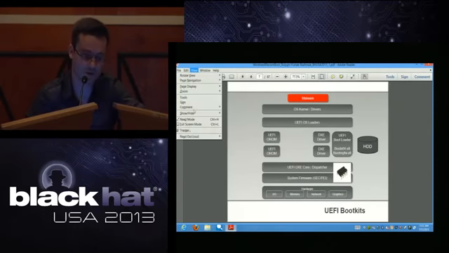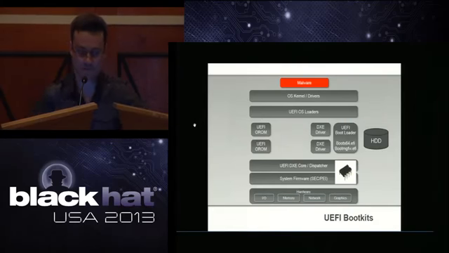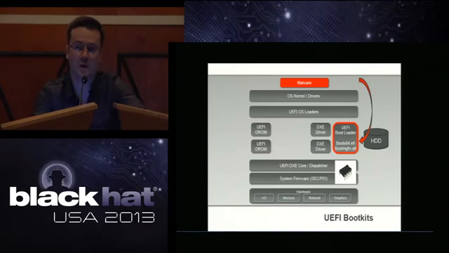So, how do UEFI bootkits compromise the system? Assume you've been infected by a browser exploit or browser plugin exploit or something. So you have malware on the system, which can, for example, replace one of the UEFI bootloaders, the fallback bootloader or Windows Boot Manager.